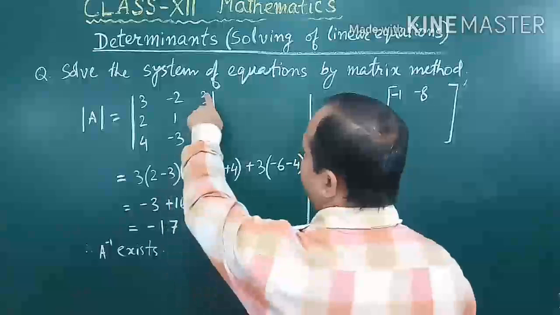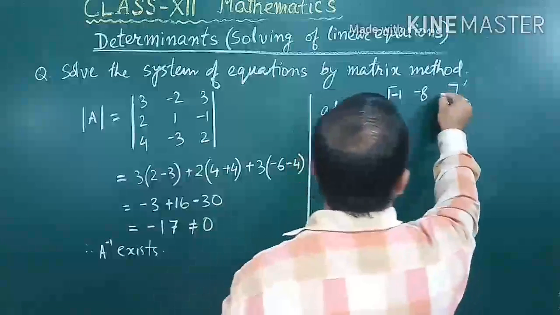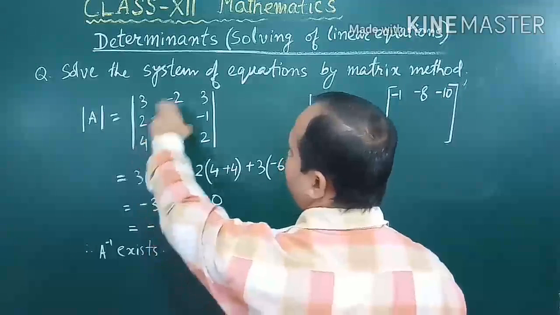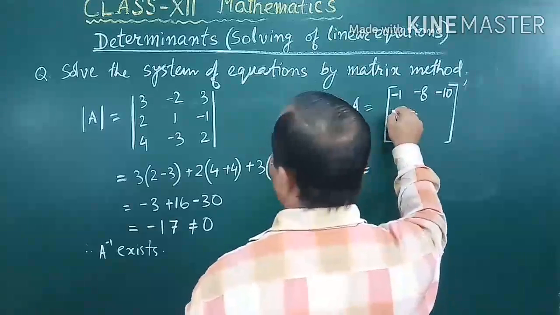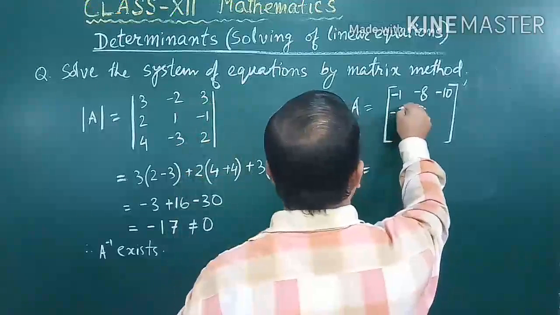For 3 it is minus 6, minus 4, minus 10. Then for 2 it is minus 4 plus 9, which is 5, meaning minus 5.